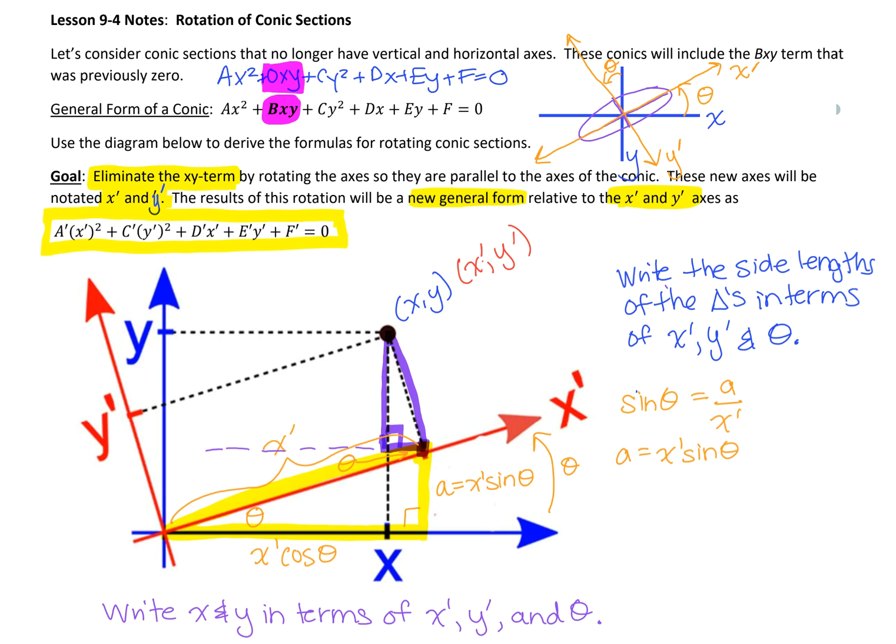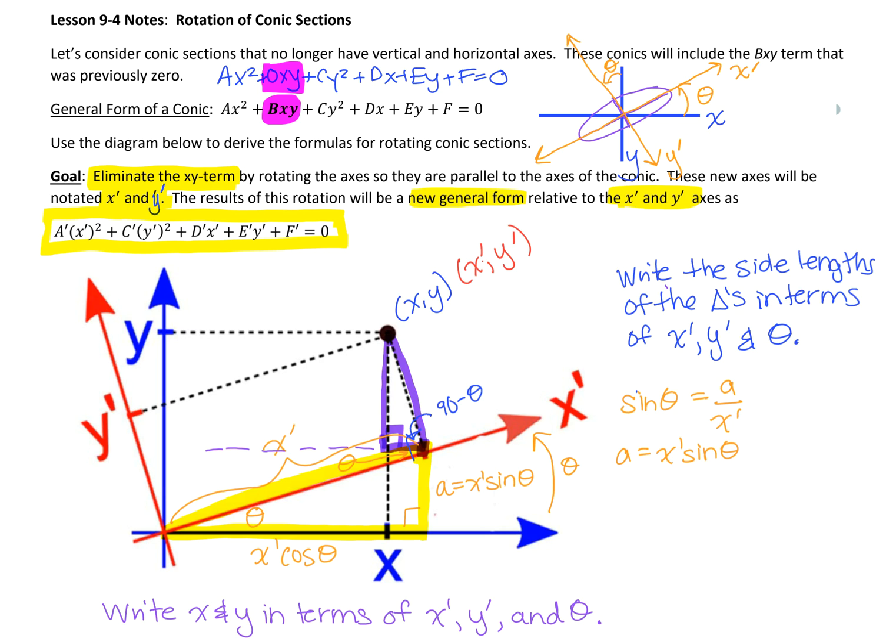Then the other thing you can say is that this purple segment right here, the hypotenuse of the purple triangle, is perpendicular to the x prime axis. Since that's perpendicular, I know that this angle inside the triangle is going to be 90 minus theta, because the bottom portion of that right angle is theta.